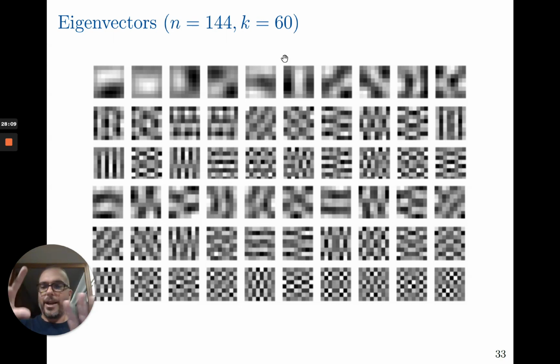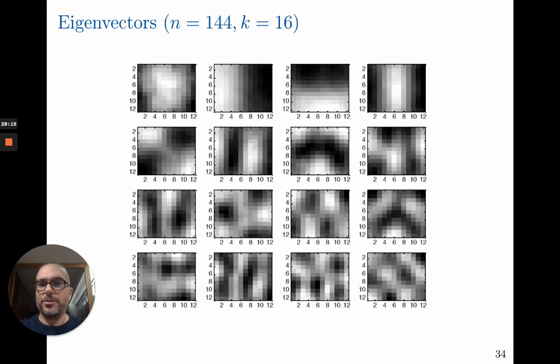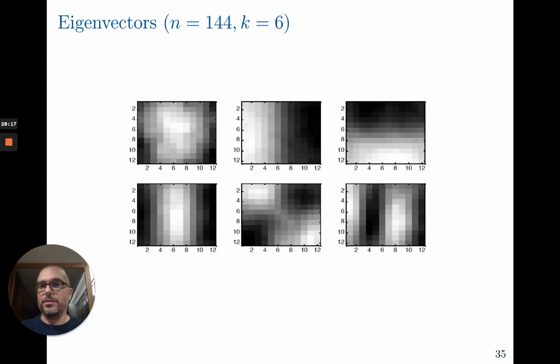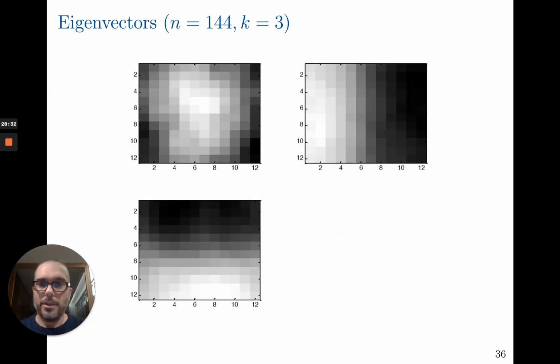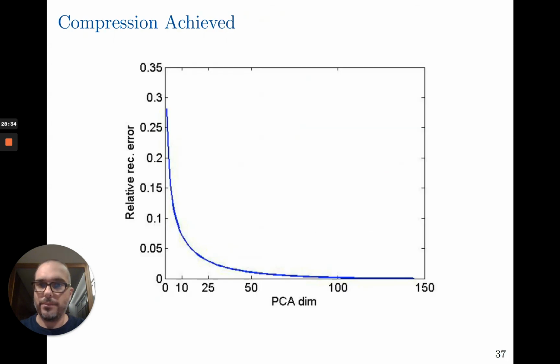This shows what we are combining, which kind of elements we have. And this is for 16, and this is for the 6 principal components, how we weight each of the 12 by 12 group of pixels. And this is for k equals 3.